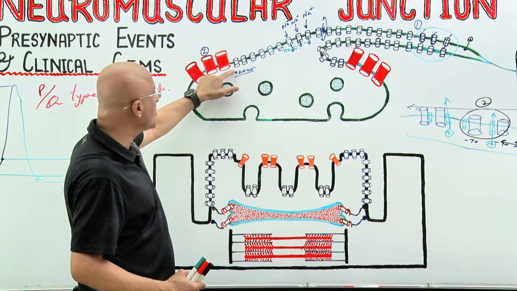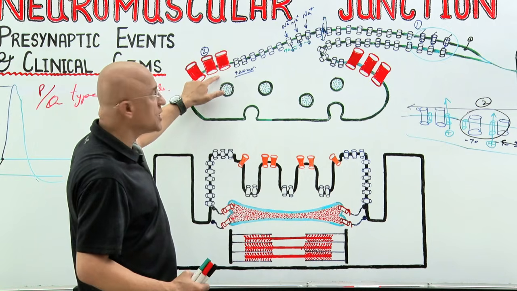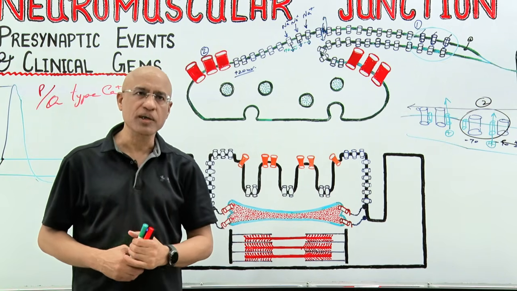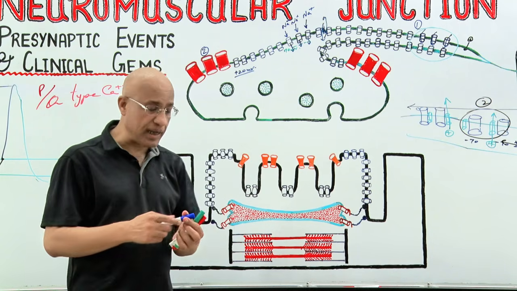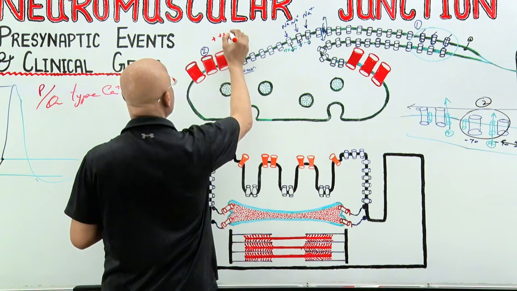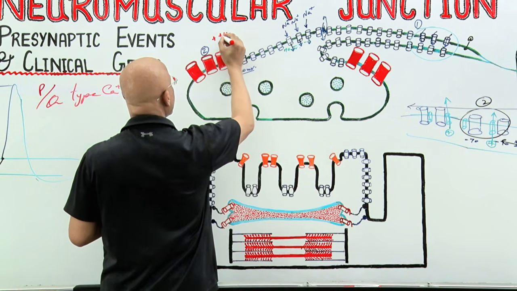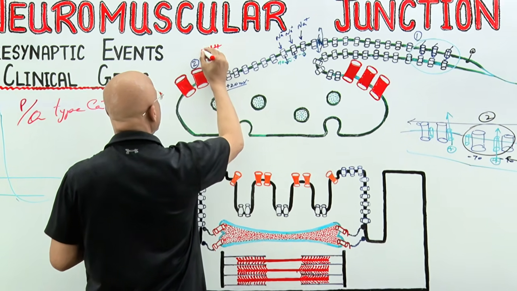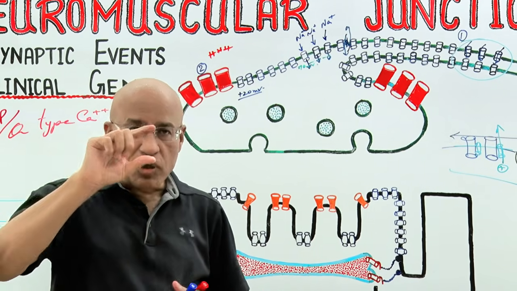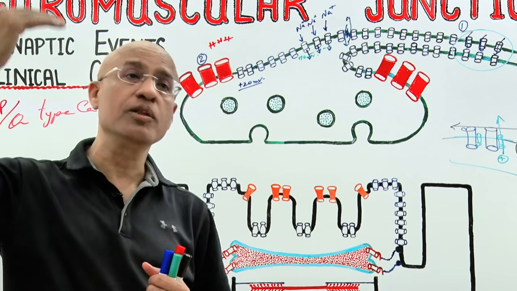The moment this electropositivity comes here, these channels will open, and you must know that the extracellular calcium concentration is very high as compared to the cytosolic. Don't say intracellular, say intracytosolic. In extracellular fluid, calcium concentration is very high.